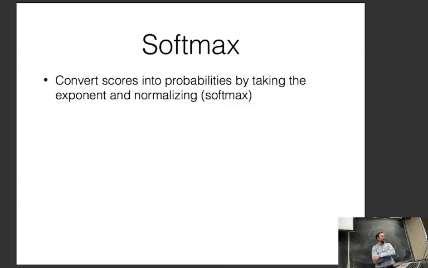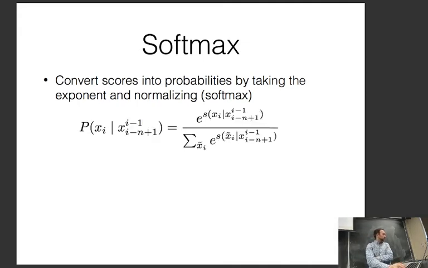And I talked about softmax last time. This is something you see pretty frequently, so I think many people in the class might already know this, but just in case. The softmax is basically a way to take in arbitrary real-valued scores and change them into a probability distribution.